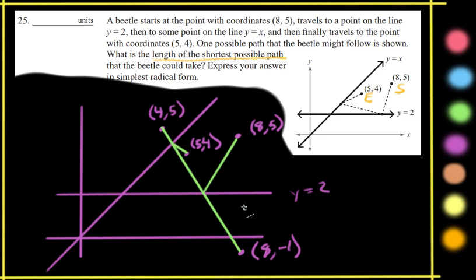If you were to pick any other path, you might think, oh, maybe it's better to go from here straight to this point because I'll hit both points all at once, right?